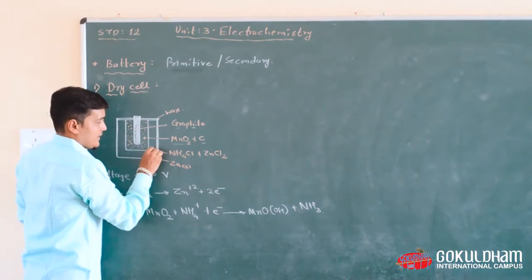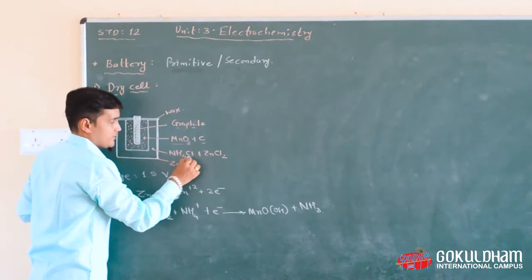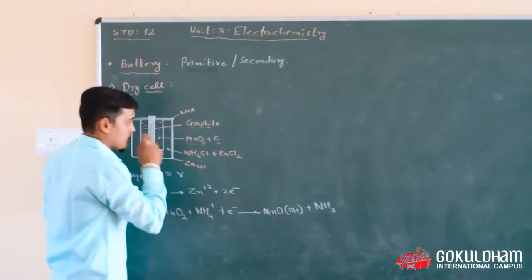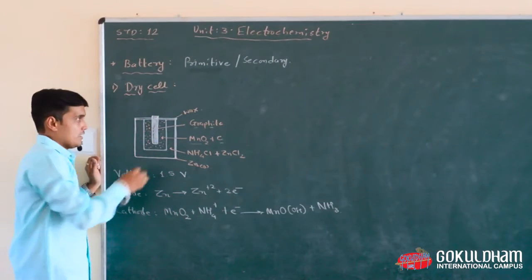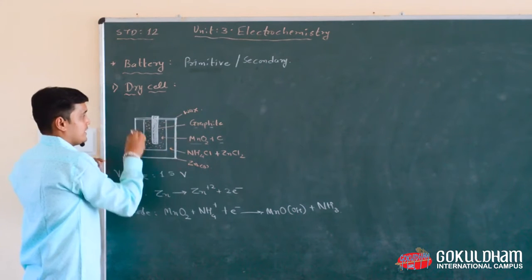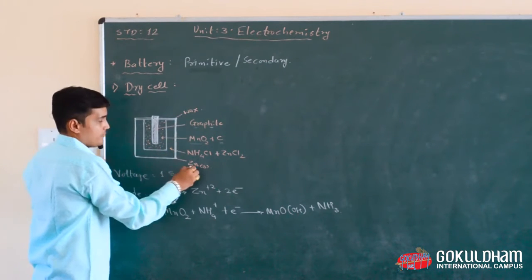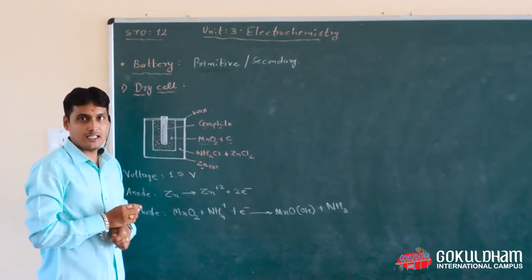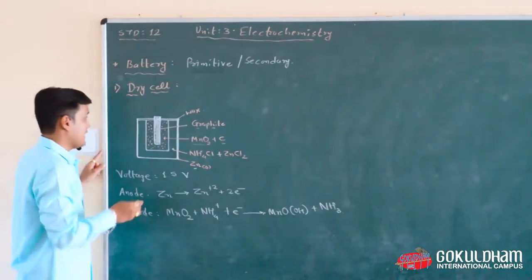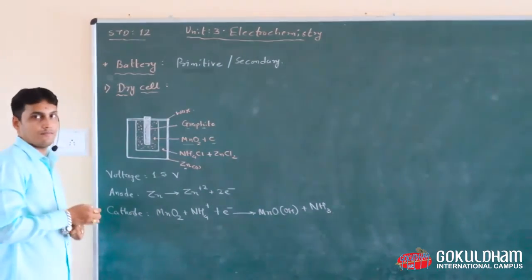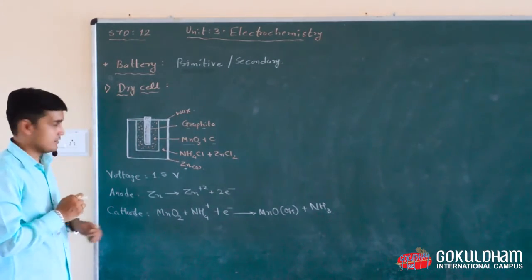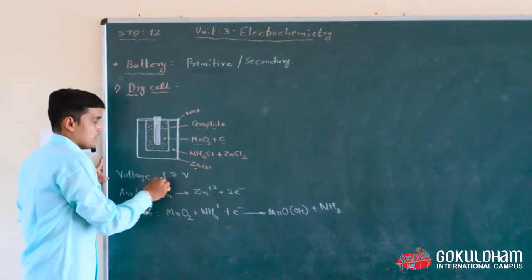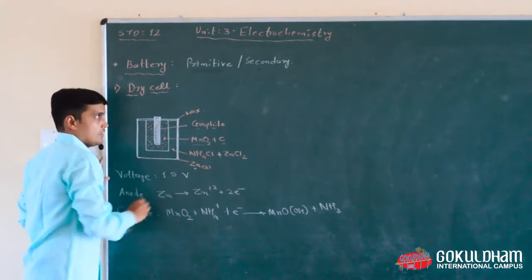The third layer is the mixture of NH4Cl plus ZnCl2, which is known as zinc amalgam. And the outer layer of this primary cell is made up of zinc metal. This zinc metal acts as the anode, and the MnO2 plus carbon acts as the cathode in the dry cell. The voltage of this dry cell is about 1.5 volts.